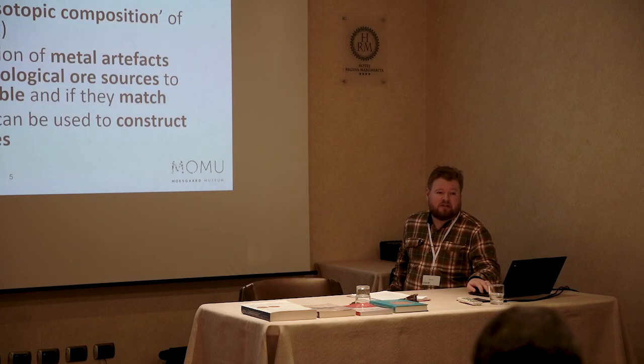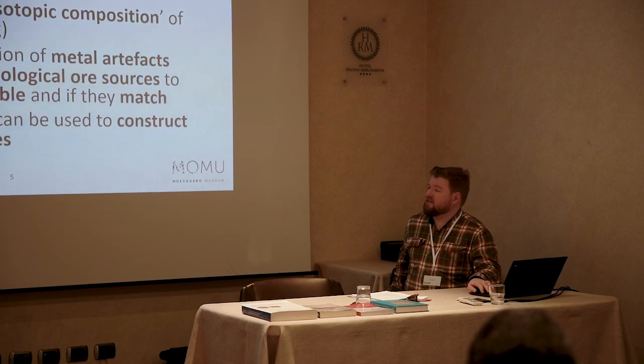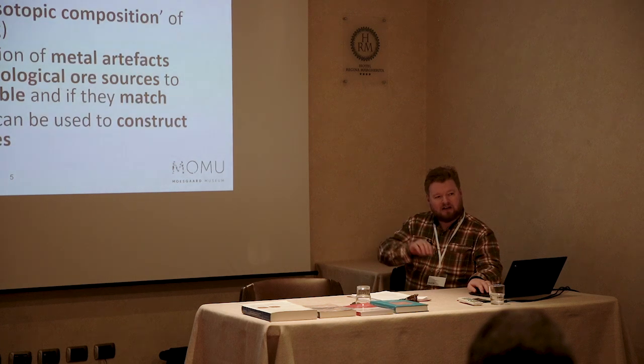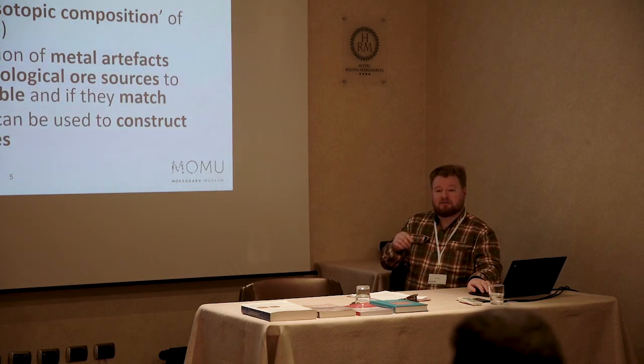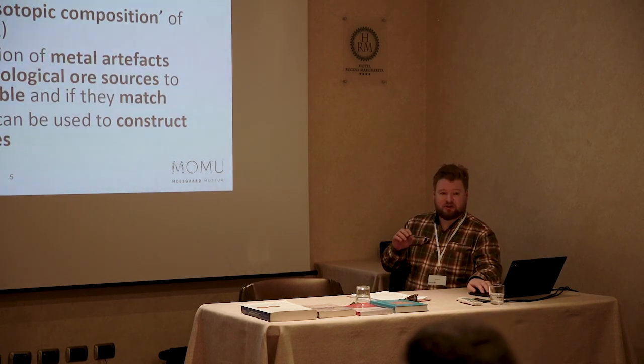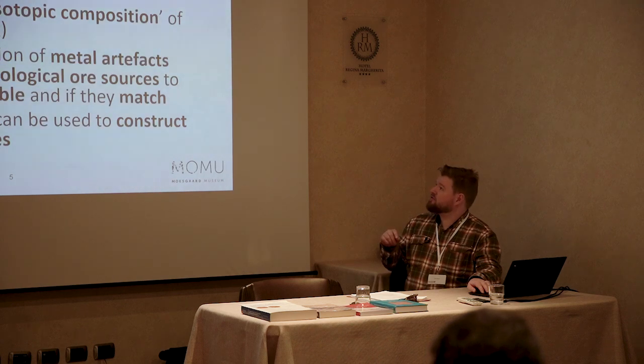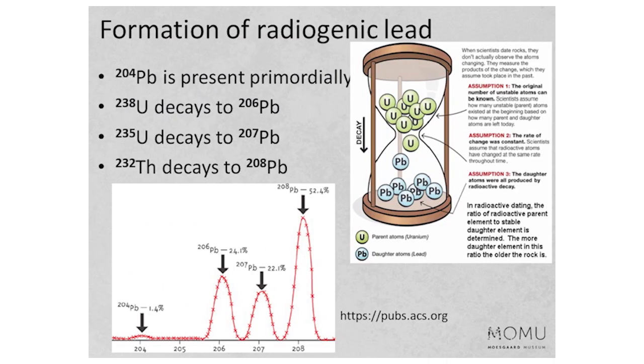And what we're doing with lead isotope analyses is trying to figure out where metals come from. And the technique is essentially based on lead isotopes, which you find in lead metal.